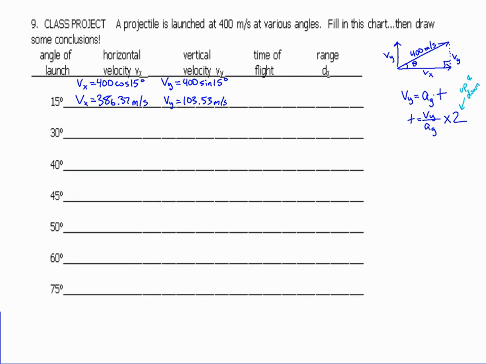And so if we put our numbers in here, we know the vertical velocity is 103.53. We know the acceleration of gravity is 10. And then we double that, and it's going to give us 20.705 seconds.